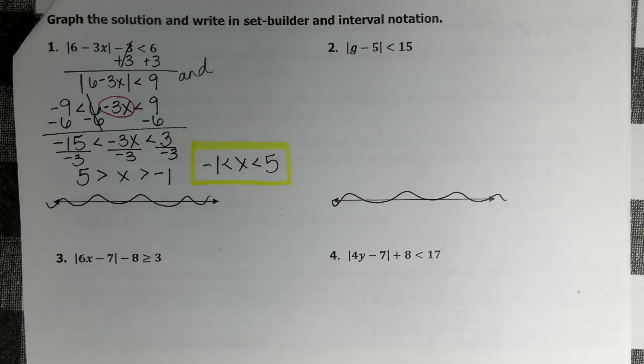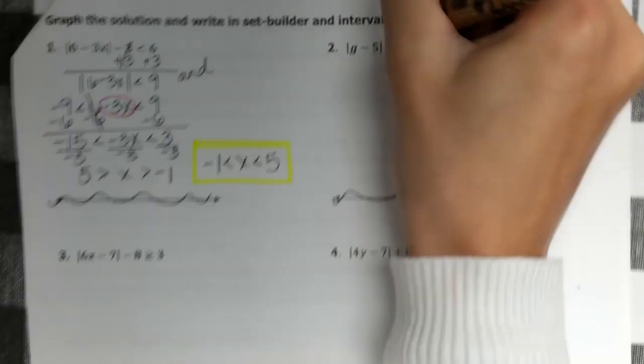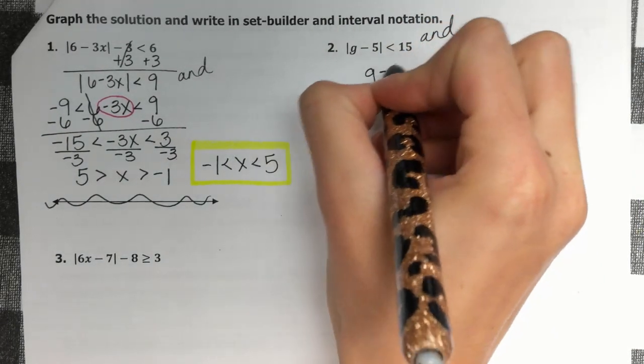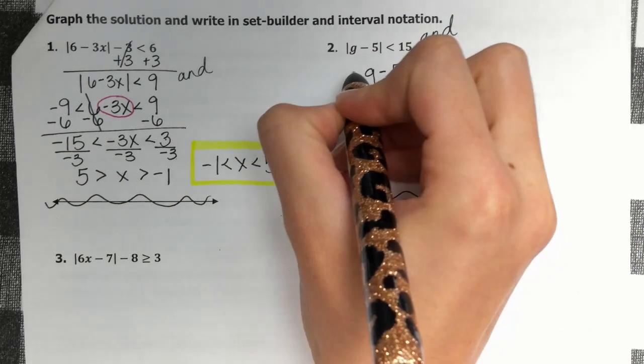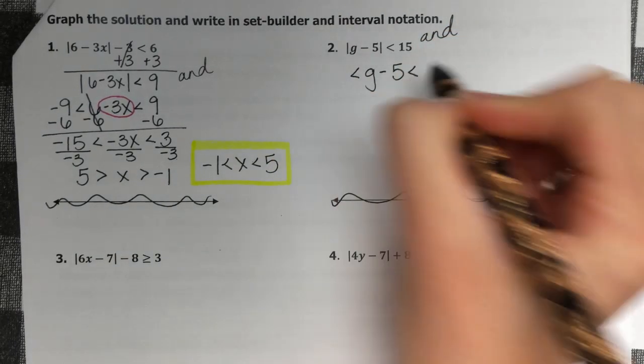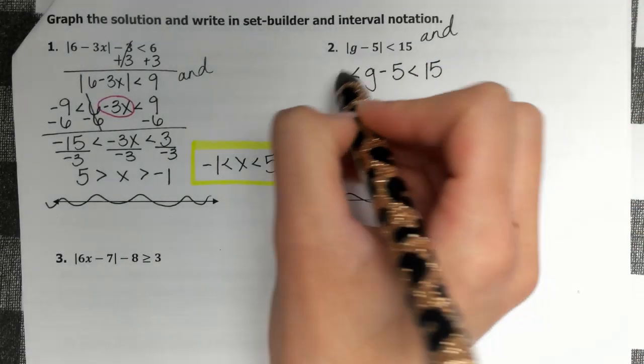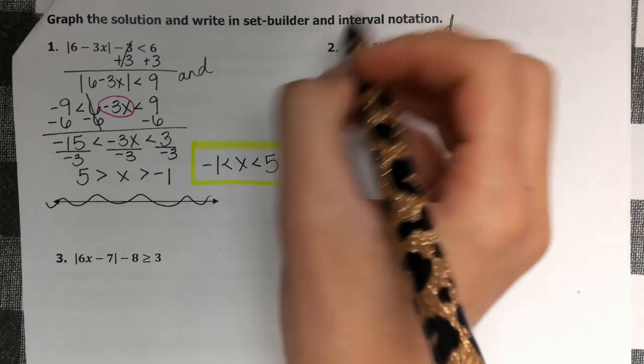Okay. Now, if I have the absolute value of g minus 5 is less than 15, is it an and or an or? It's an and. So I'm going to drop my g minus 5, less than on both sides. Drop the 15. And what goes on the left? Negative 15.